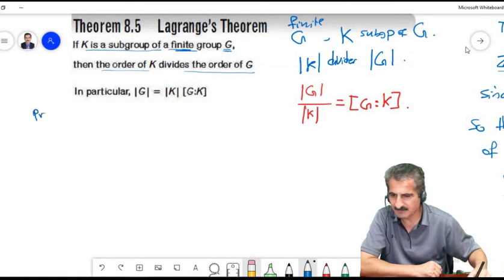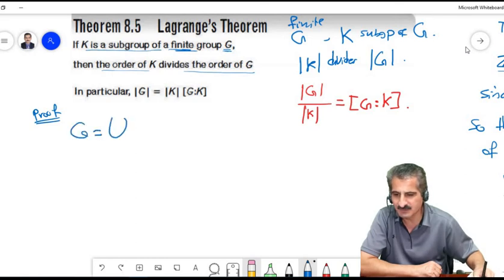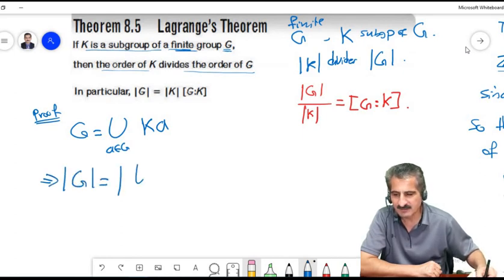let's prove the first part. Now we have seen that G is a union of the right cosets of K. Good. Therefore, that means the order of G is the same as the order of this union, right?